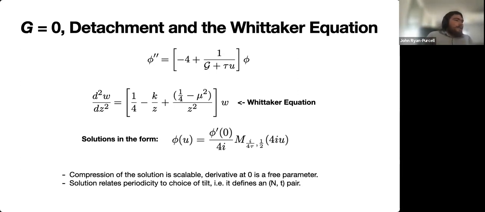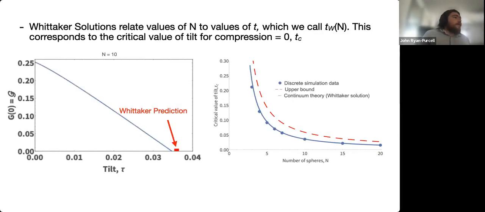But more importantly, because of the rescaling of the variables, the solution relates periodicity to a choice of tilt in this case. So the Whittaker solution defines an n and t pair. So if we calculate, say, the solution for n equals 10, we get a specific value of t. What's the meaning of that solution?